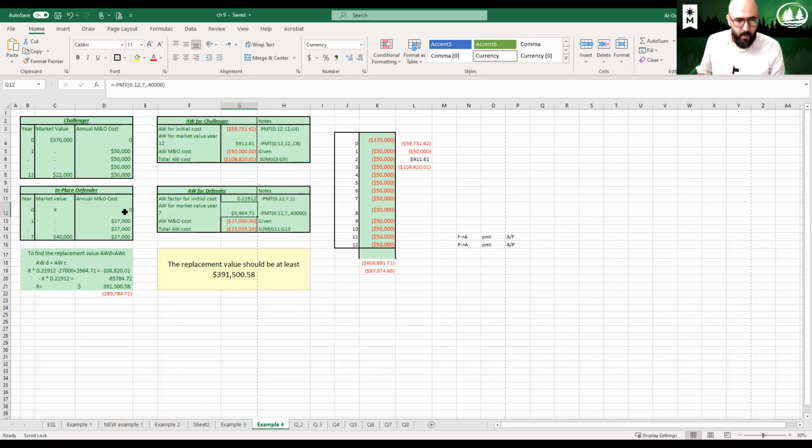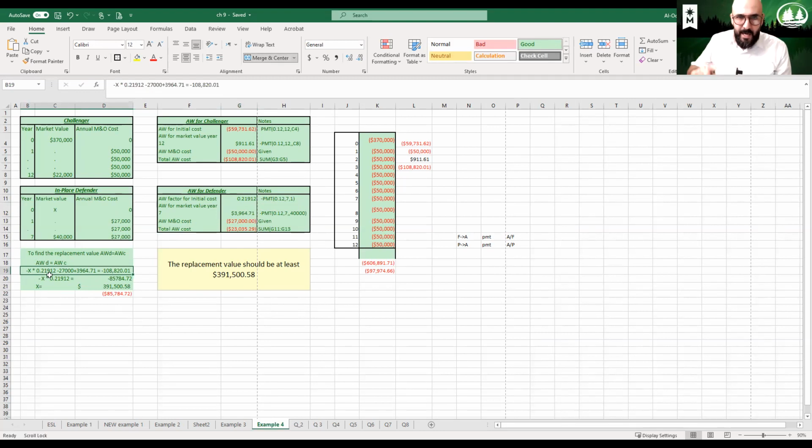Okay, now let's build the equation. The annual worth for the defender equals the annual worth for the challenger. The annual worth for the challenger is calculated right there, 108. The annual worth for the defender is adding the annual worth of the initial cost plus the annual worth of the maintenance and operational cost and the annual worth of the salvage value.